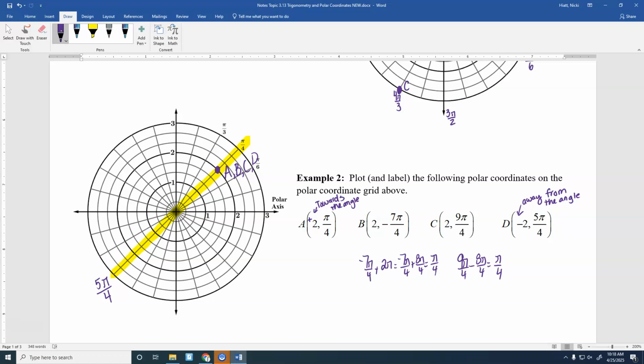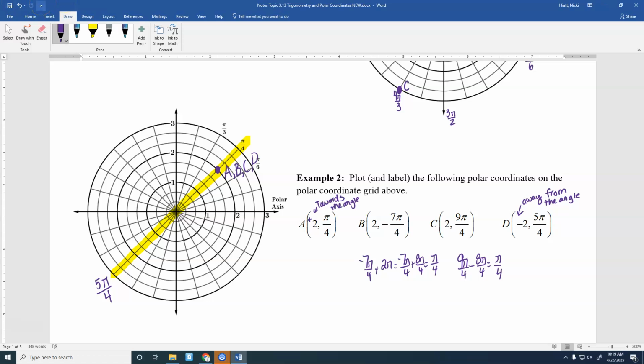I usually look at that angle first on these, because that's going to tell you which direction to go, and then start from that pole and either go out towards that angle if the radius is positive, or if it's negative, you're going to go away from the angle.